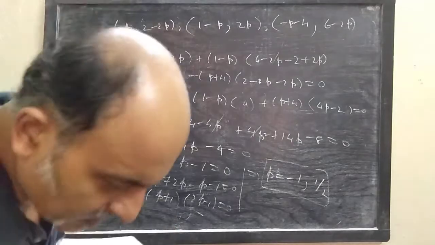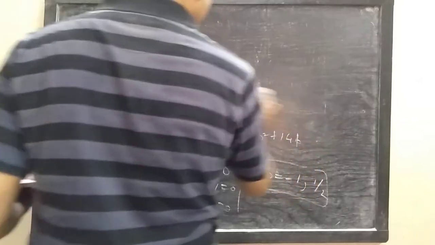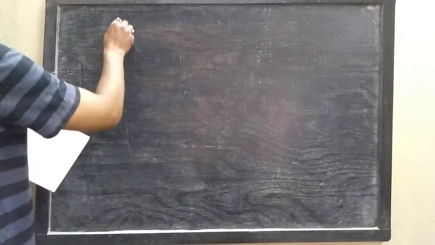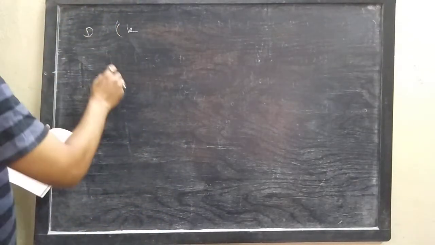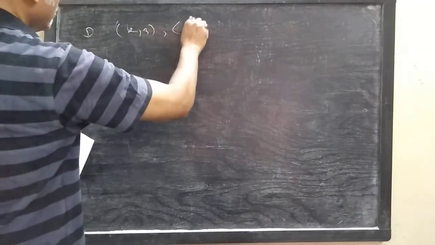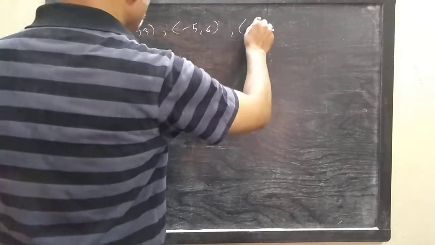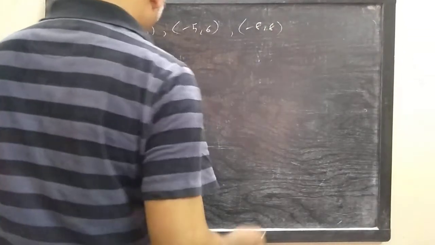Now take some problems as homework. Find k so that, homework number 1, the points k comma 3, next point minus 5 comma 6, next point minus 8 comma 8 are collinear.